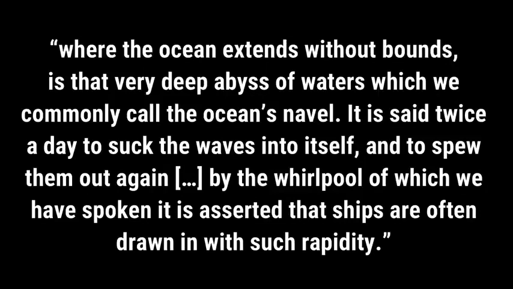It is said twice a day to suck the waves into itself and to spew them out again. By the whirlpool of which we have spoken, it is asserted that ships are often drawn in with such rapidity.